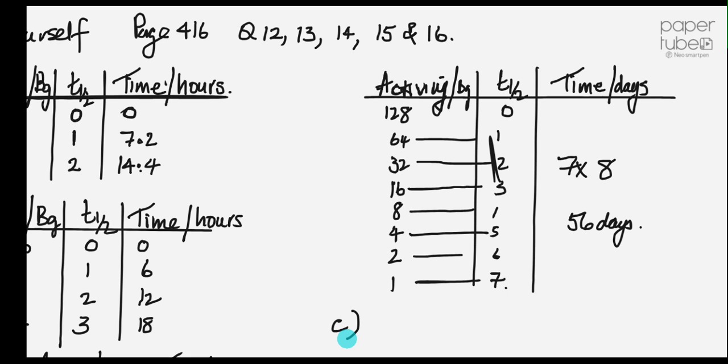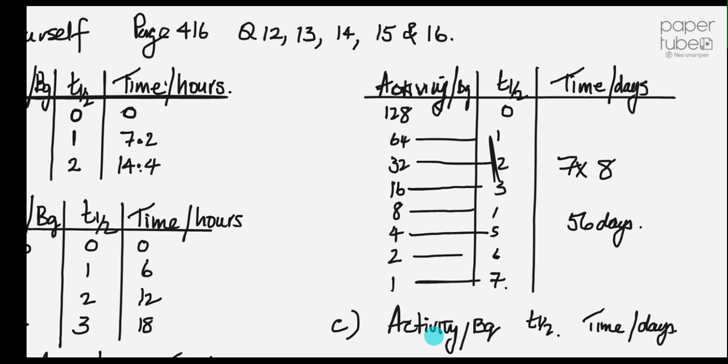It says polonium-210, half-life 138 days. So there's the number of half-lives and the time. It tells me 138 days, so it's days. It started off at 32. I'd better draw the table.